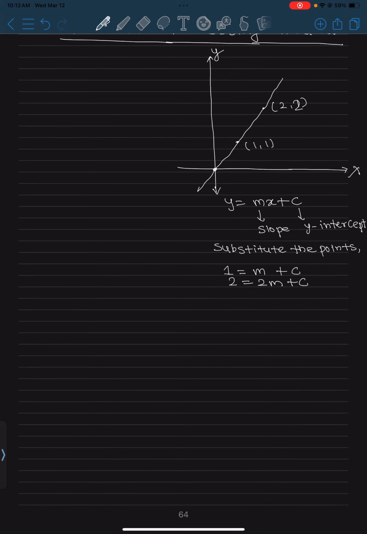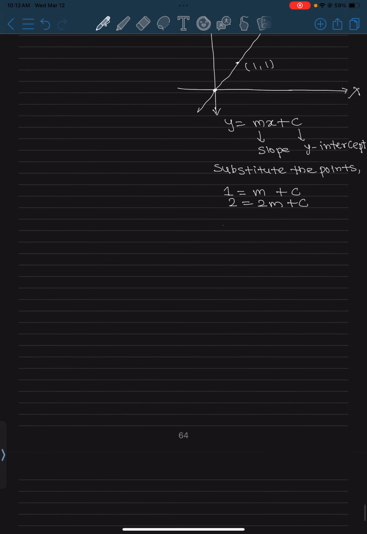Now you can just solve for m and c, considering these as a linear system, simultaneous equations. We know that we can convert this to matrix form and then solve using some techniques of linear algebra.